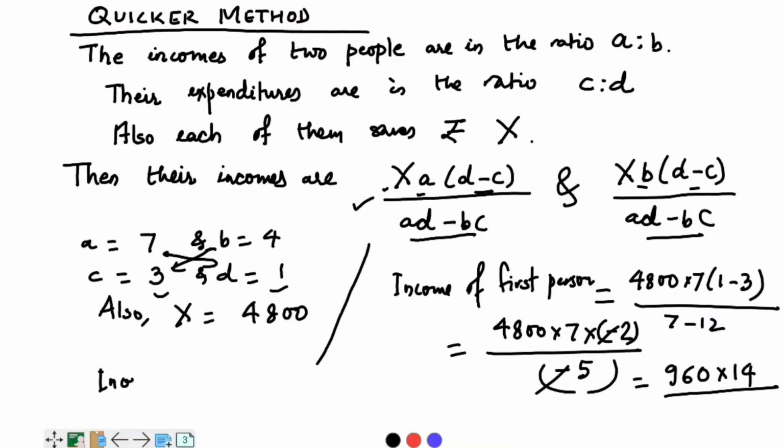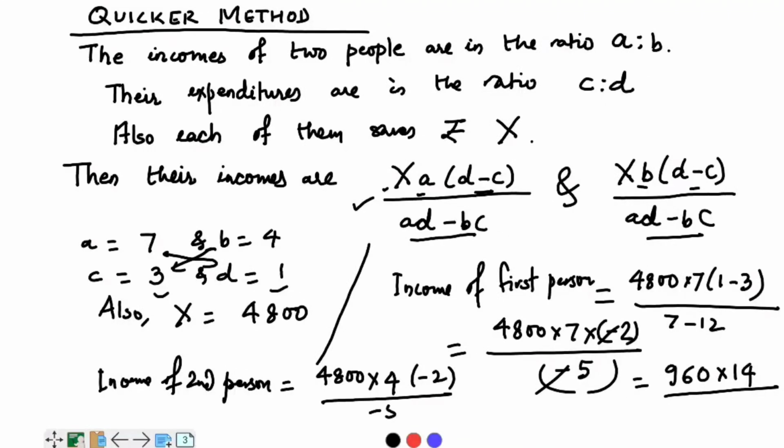Now the income of the second person. That will come out how much? It will come out X, 4800, multiplied by B. B is 4. Then D minus C is common. It will be minus 2 and it will be minus 5. Minus minus is plus, and this will come out 960 multiplied by 8. So 960 multiplied by 14 and 960 multiplied by 8.